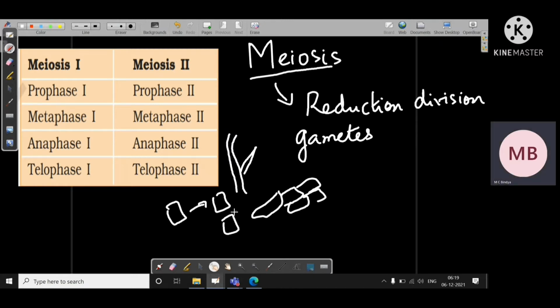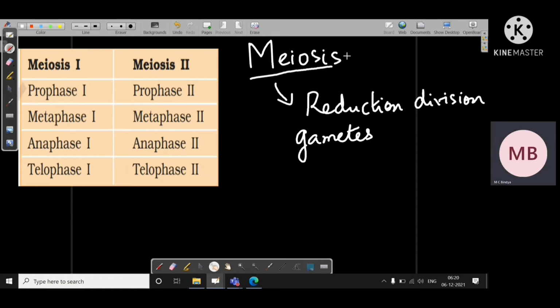In mitosis, the chromosome number remains the same. Chromosome number of the parent cell is the same as the chromosome number found in the daughter cells. Whereas meiosis is called reduction division. Meiosis is called reduction division because the chromosome number reduces to half.